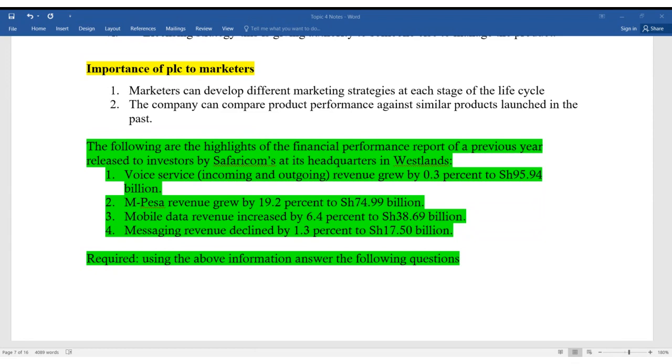Yes. Where do we place the voice services on the product life cycle curve? Do we place it at growth? Do we place it at introduction? Do we place it at maturity or decline? And you give us why.